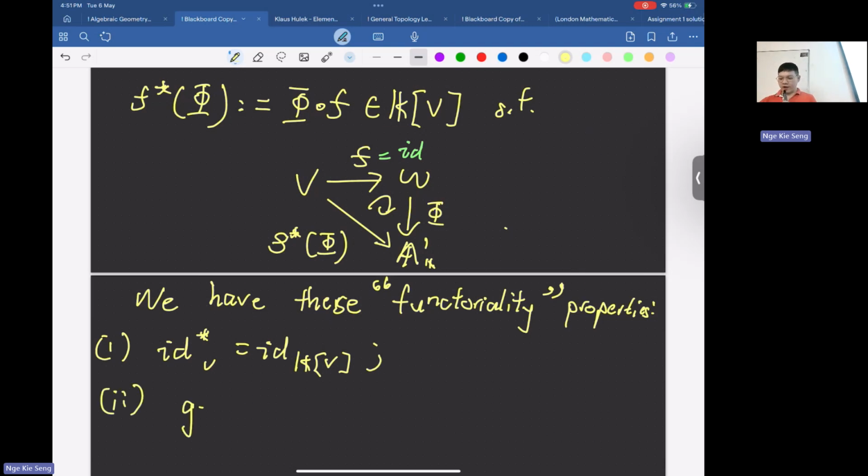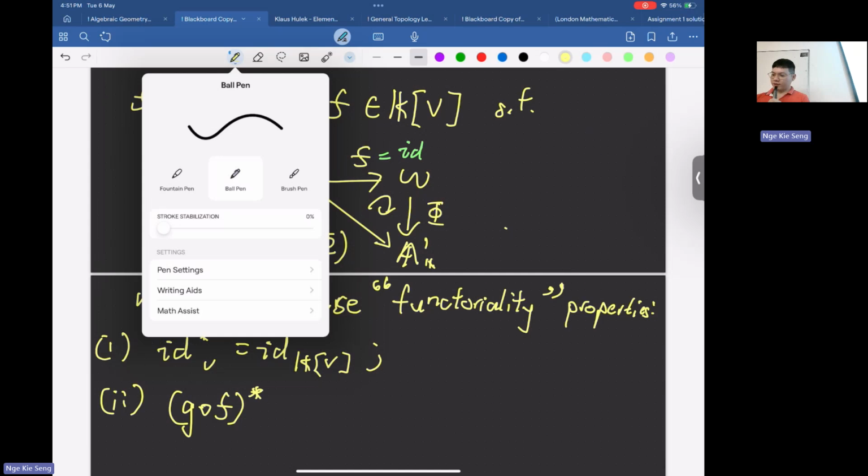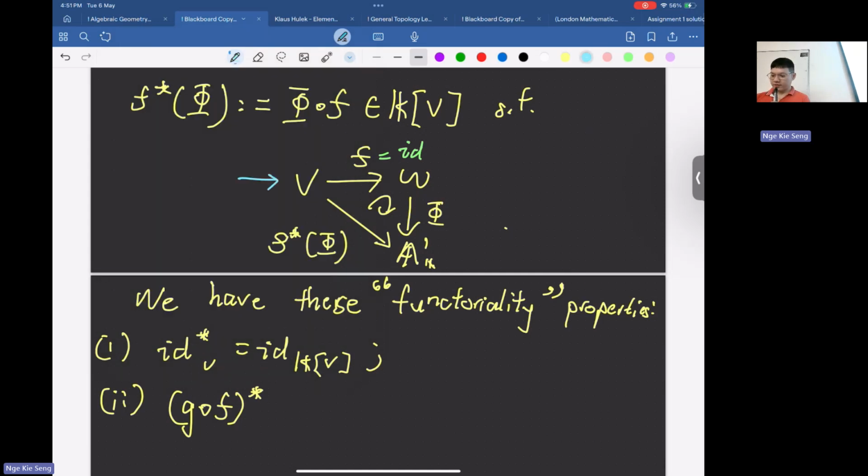Second, if you have a composition, how does this composition act under this pullback here? Can you imagine? Let's say you've got V, W, U, with G here.